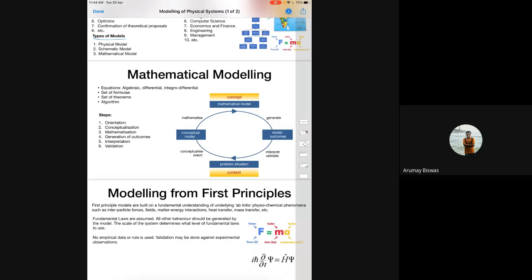Now, what are the steps in constructing a mathematical model? So first you look at the problem or the situation that you want to model.